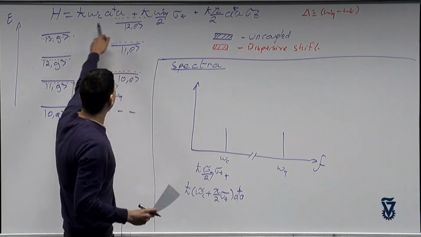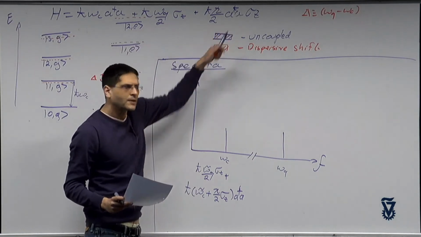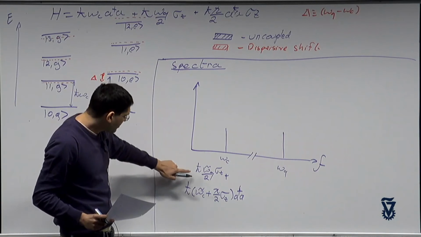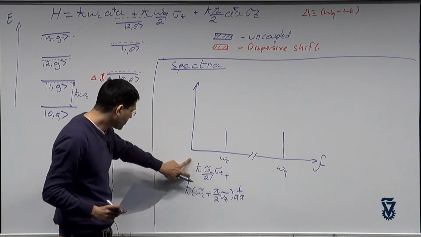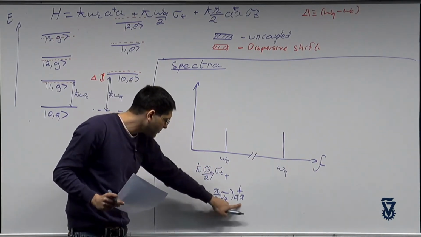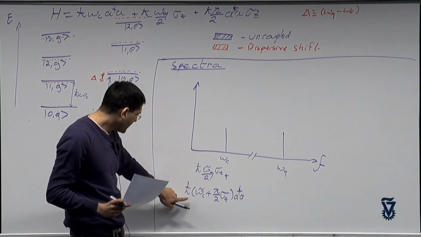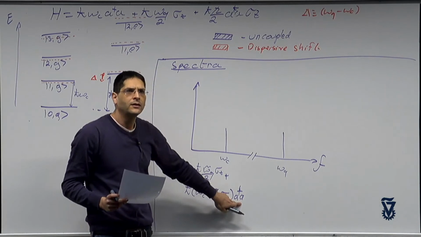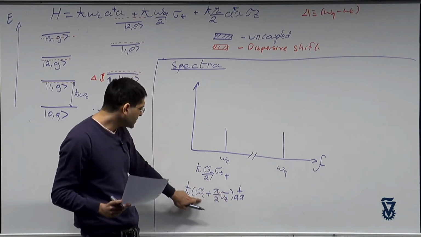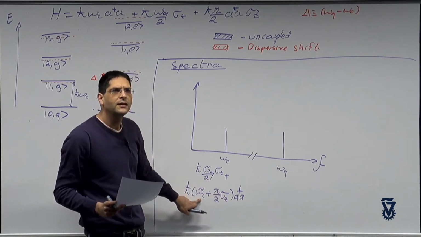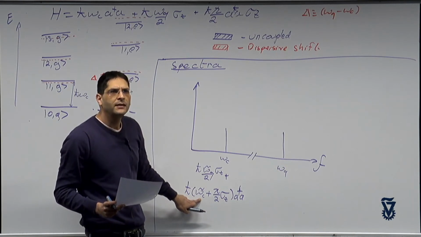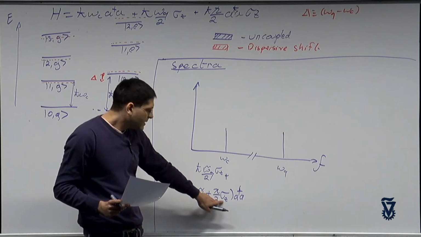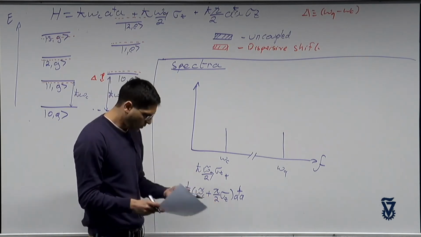So I wrote the exact same Hamiltonian that's up here, just rearranged. What you can see is that this Hamiltonian has this term of the qubit, and this other term, which looks like h bar something a dagger a. So it's a harmonic oscillator whose frequency is omega c tilde, which is now shifted dependent upon the state of the qubit.